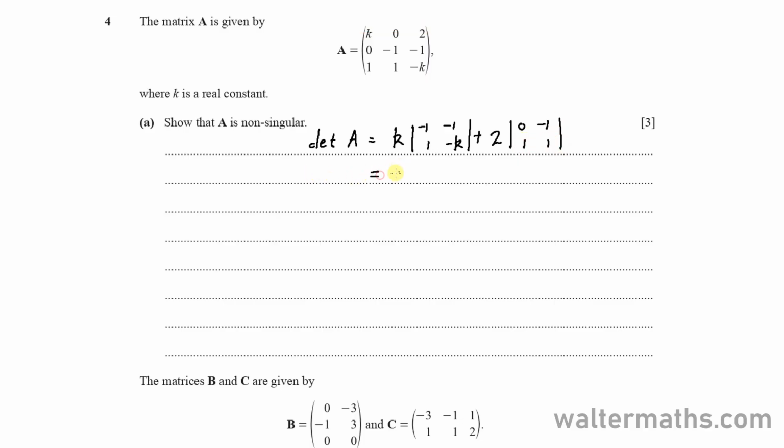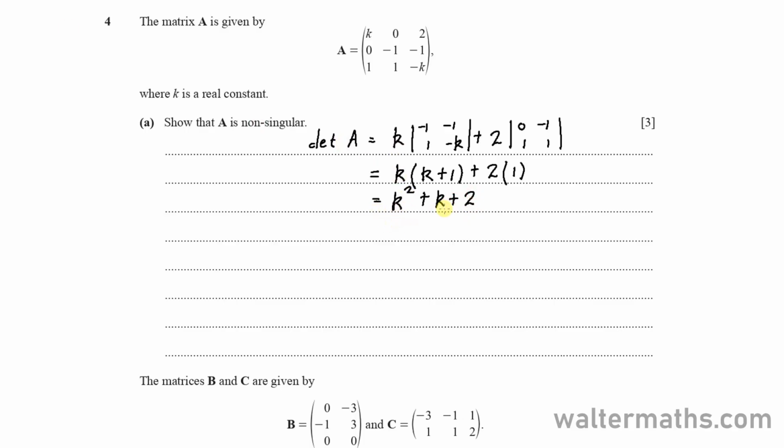So this is k of, then minus 1 times minus k is k, and it's minus 1 times 1, so it becomes plus 1 here. And it's plus 2 of 0 times 1 is 0, and it's minus 1 times 1, which is minus 1, so we just get plus 1. So we have k squared plus k plus 2 for the determinant.